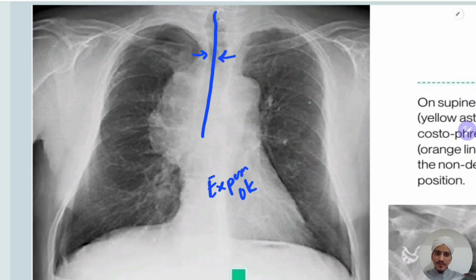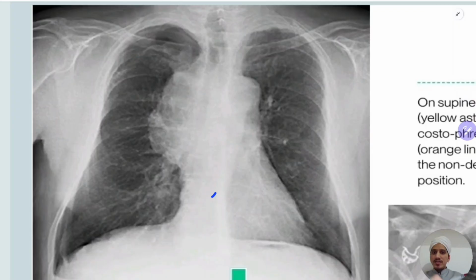If you see the intercostal spaces, they are also okay. That means if you count the ribs, 1 and 3 ribs are not visible in this X-ray, but I think it is in good inspiration. So technical quality is okay.